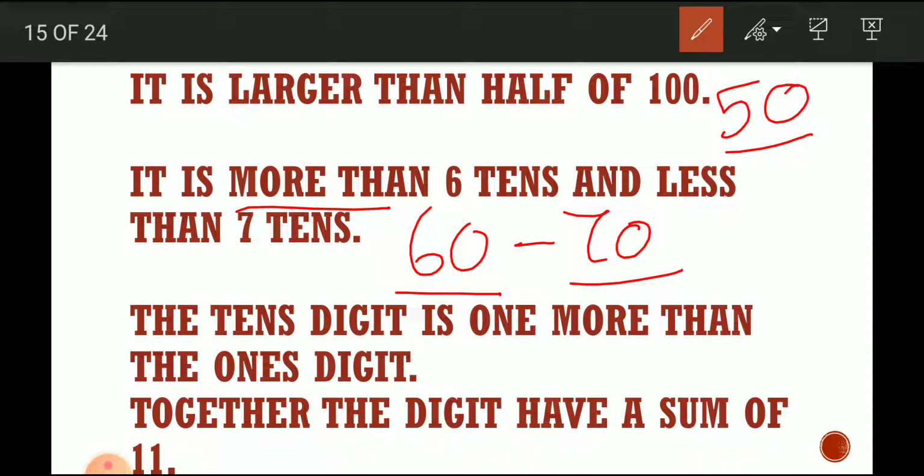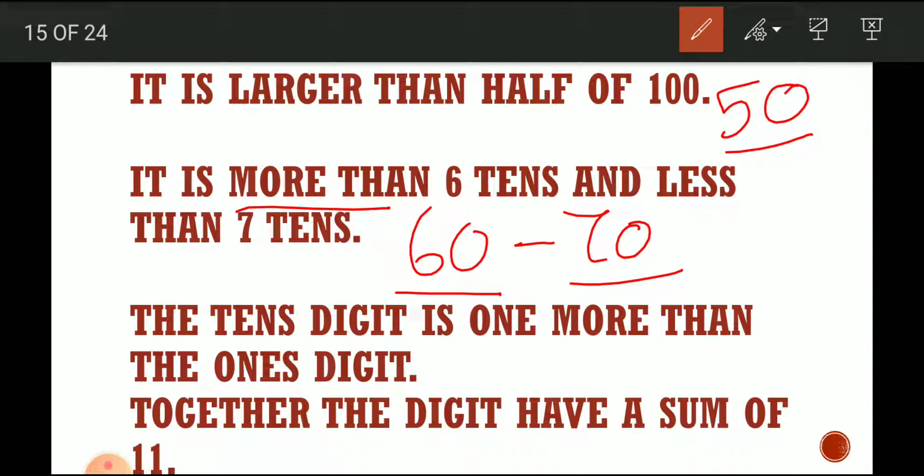Okay, so this is the second clue. See the third clue: the tens digit is one more than the ones digit.